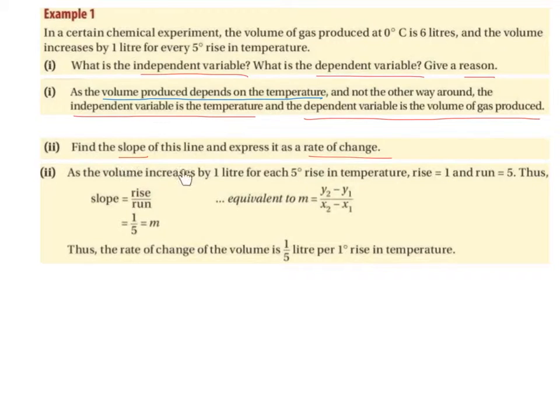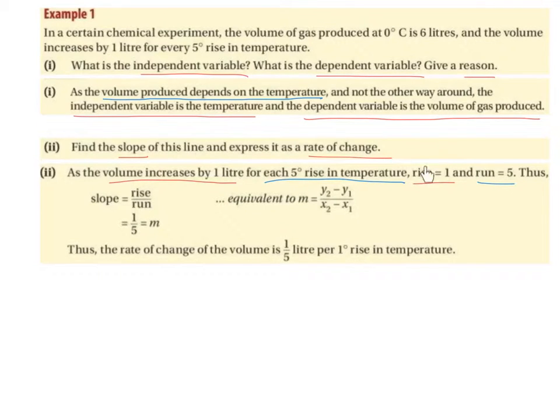As the volume increases by 1 litre for each 5 degrees rise in temperature, the rise is equal to 1 and the run is equal to 5. And we know that slope is rise over run.